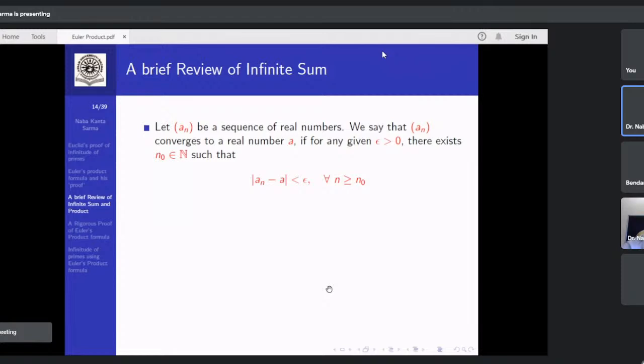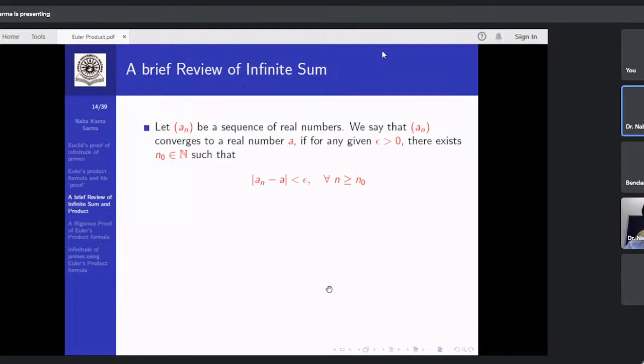Let us first define what we mean by a real sequence converging. If we have a real sequence of numbers a_n, then we say that the sequence converges to the real number a if, for any epsilon you give me, I can give you a positive integer n naught such that the absolute value of the gap between a_n and a is less than that epsilon after some term onwards.